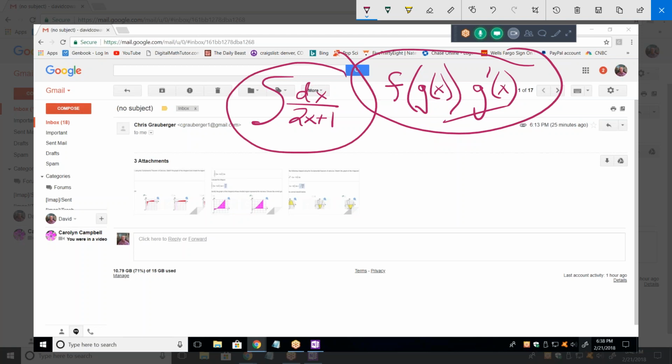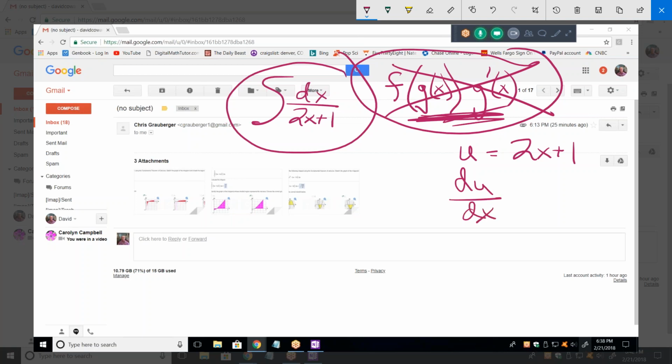In other words, what we're looking at is certainly not pattern recognition. We're not looking at the derivative of the inside anywhere. So obviously I'm going to let u equal 2x plus 1. Now du dx is equal to what? 2. Okay, which makes du equal to 2 dx.